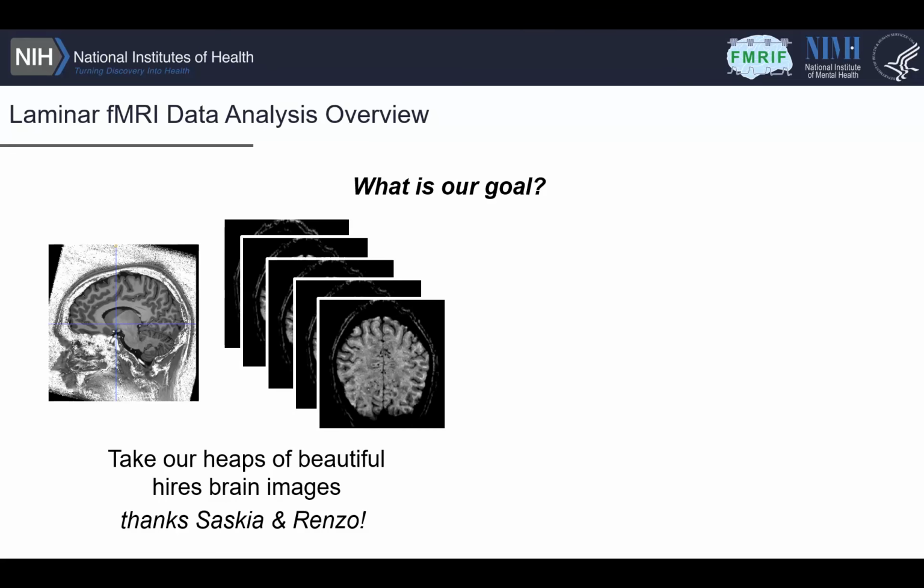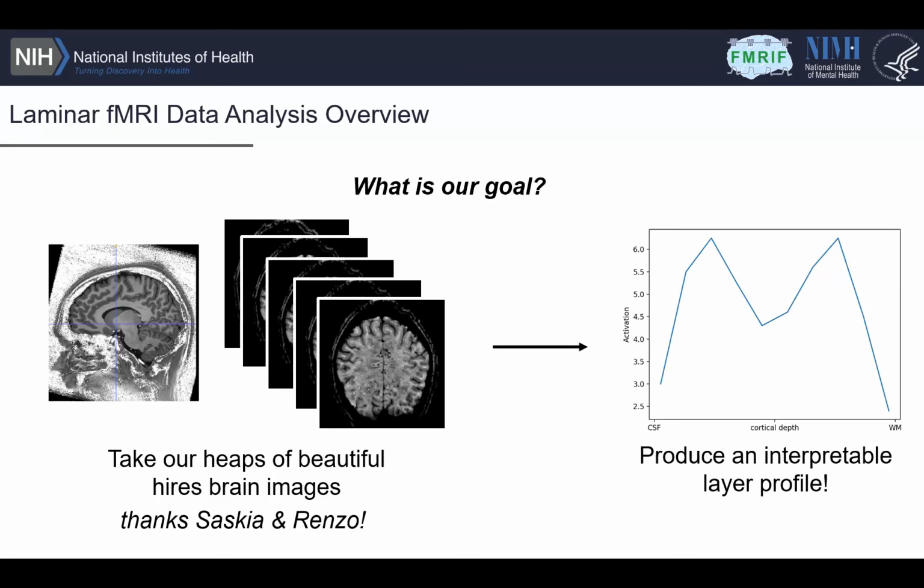Hopefully everybody went home last night and scanned really beautiful data, and we'll just start from there. So we're moving beyond the acquisition, and now we're sitting at our laptops and actually thinking about the scientific problems that we intended to do in the first place. And for a lot of us, this is the goal of finding an interpretable layer profile.